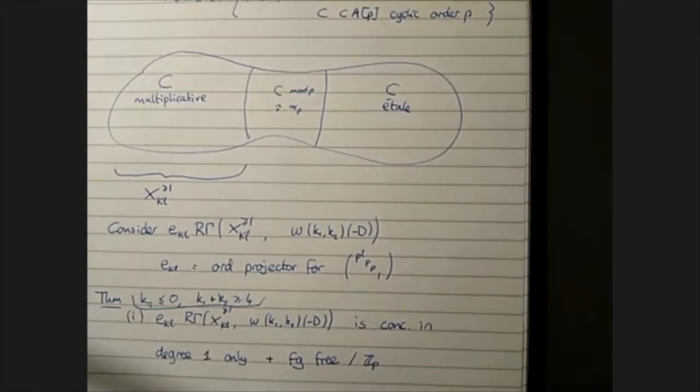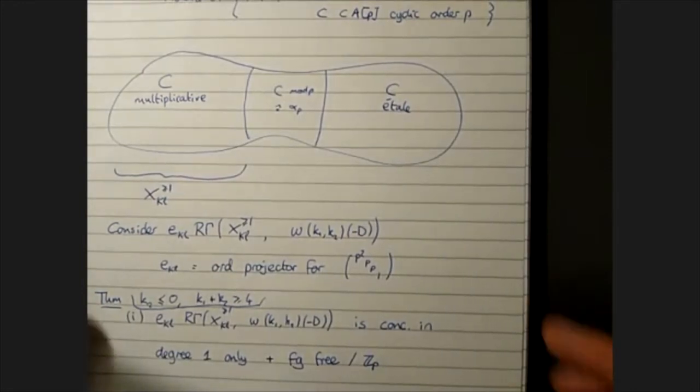So you get a finite free ZP module in rank 1, in degree 1 only, and the cohomology in all the other degrees is 0.